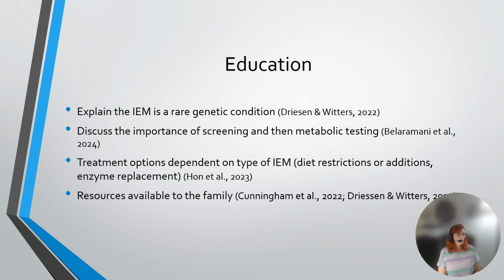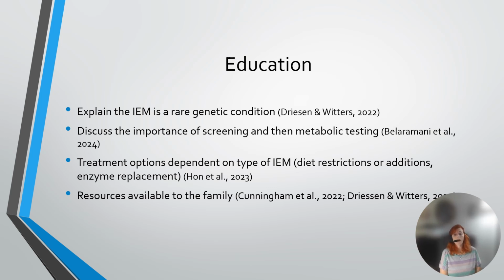So what are some important education materials that we need? We have to explain to the family that this is a rare genetic condition, and that they didn't do anything wrong. We explain the importance of the screening, and then further testing: the metabolic testing, the biomarkers, the blood gases, to really hone in on why the newborn is ill appearing, because that's one of the classic signs, an ill-appearing infant.